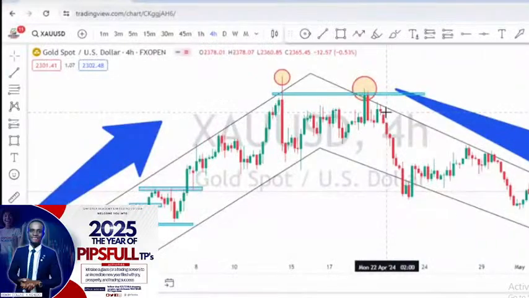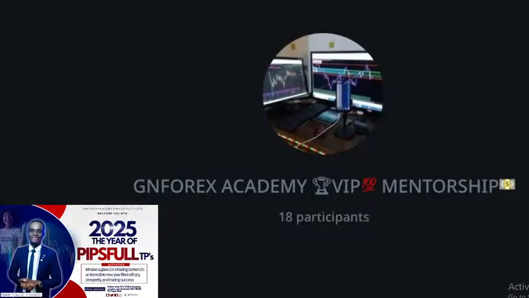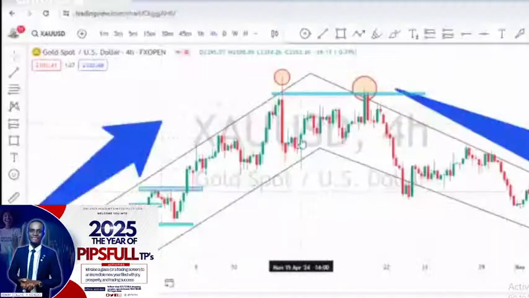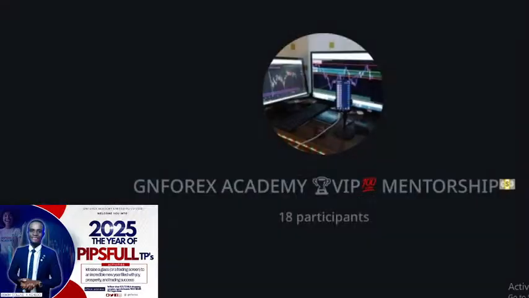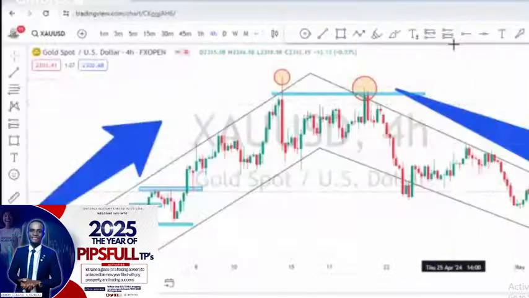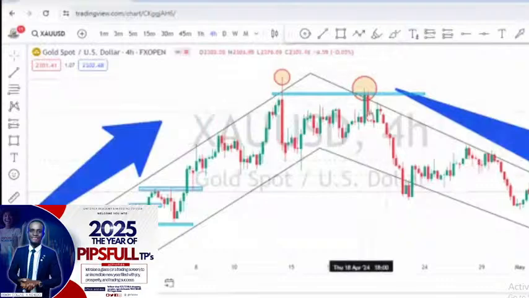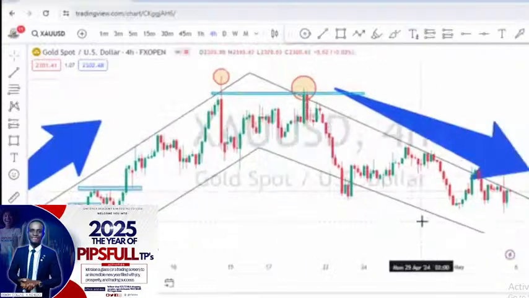Even the monthly just broke structure last 2 months and a pullback is what we expect. So the pullback on the monthly will be a downtrend on the lower time frame. So now we sell on the monthly and the weekly. So we analyze every time frame and we work with every time frame.